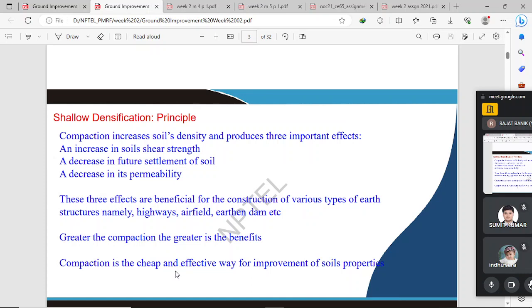Everywhere the finishing work is done by this technique. After improving the ground, for example with deep densification, after finishing the top soil layer, we apply shallow densification to smoothen the ground.